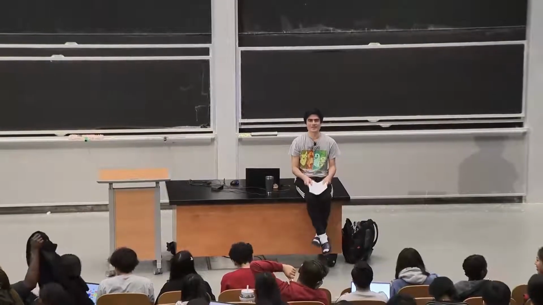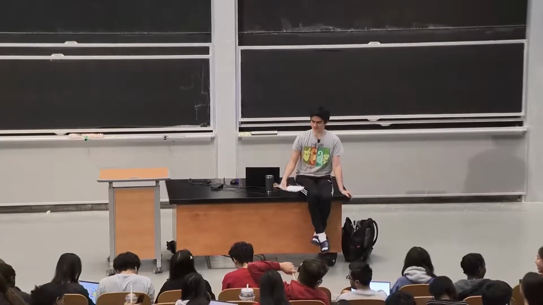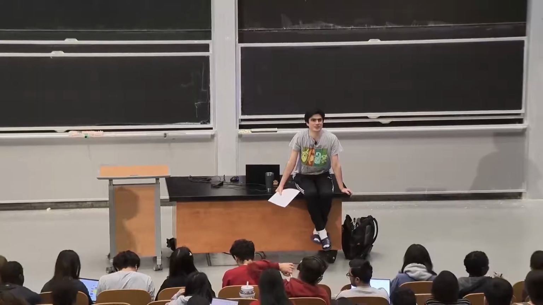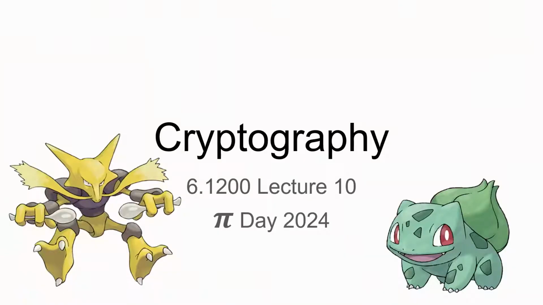Okay, nice one. So you've already seen a couple of lectures on number theory now. And some of you have been asking, why are we doing this? Why is this in 6-1200? Today we're going to see how GCDs and modular arithmetic can be very important for something that you use every day: computer security.